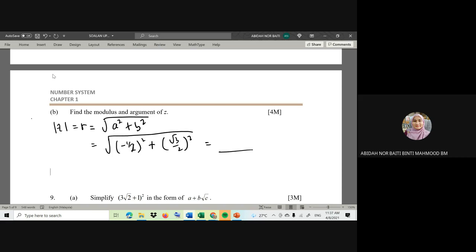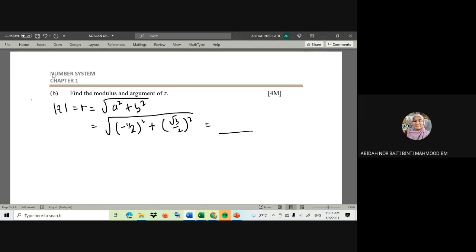This is modulus ya. Okay, argument. What is argument? Apa simbol untuk argument ni? Theta ya. Argument is theta sebenarnya.